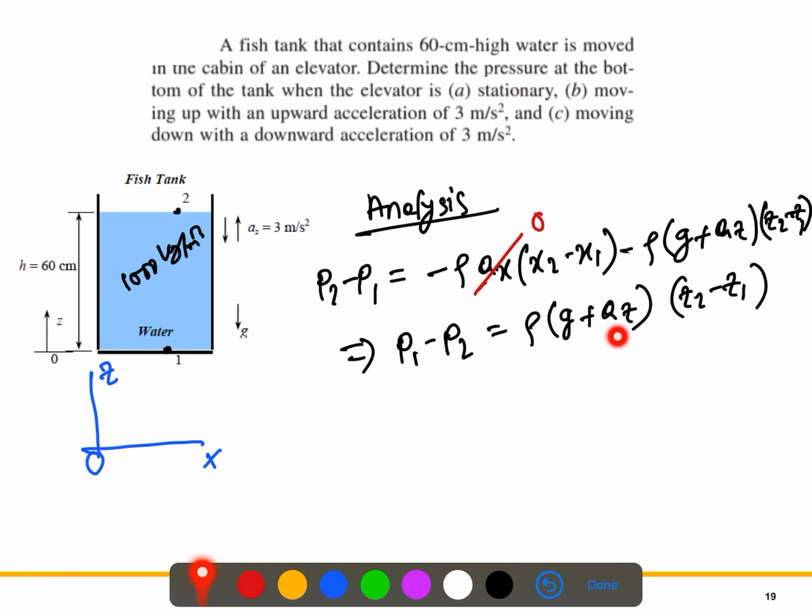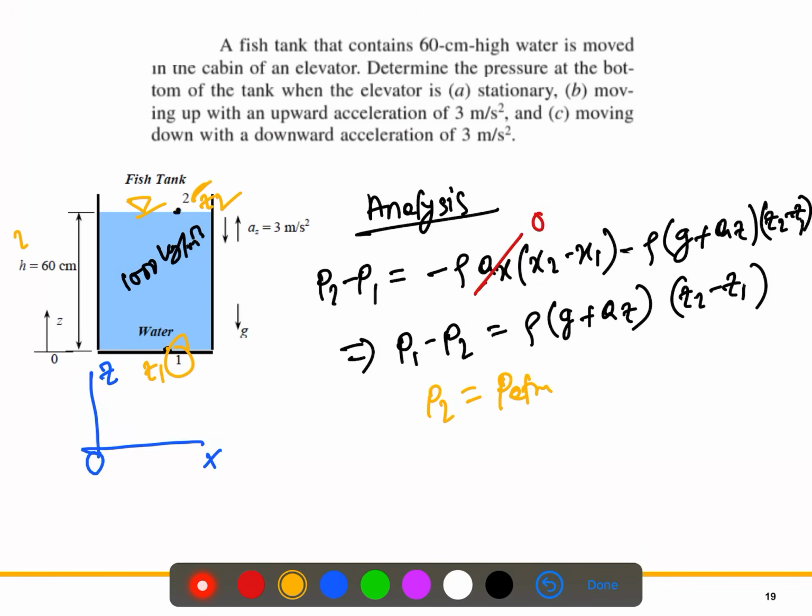Now if we take the point 2, this is the free surface, and point 1, this is actually the bottom of the tank. So we can say, as it is the free surface, point 2 will be at atmospheric pressure, or P2 equals P atm. And this is point 1, this is point 2. Let's say this is Z1, this is Z2.